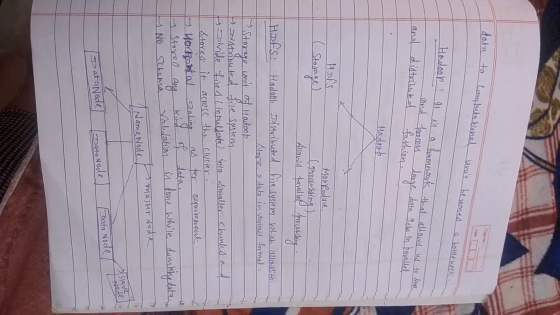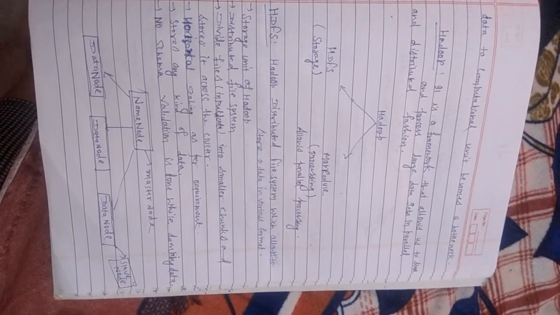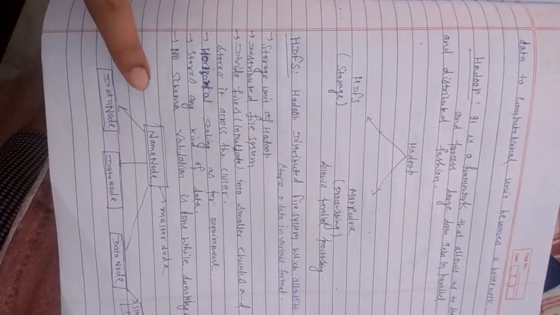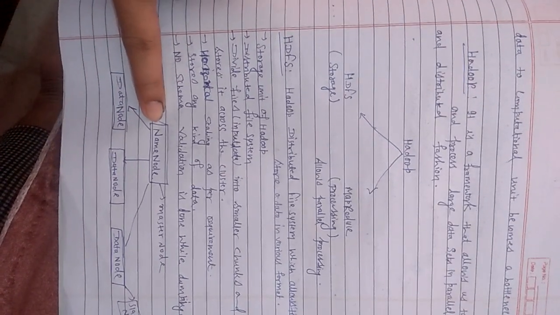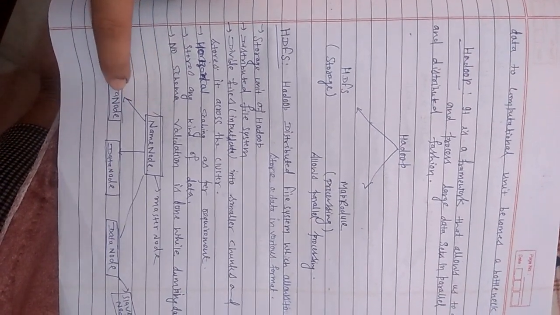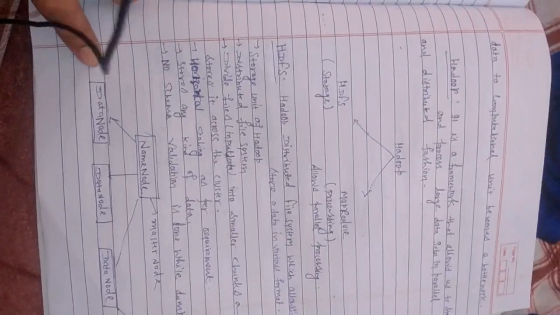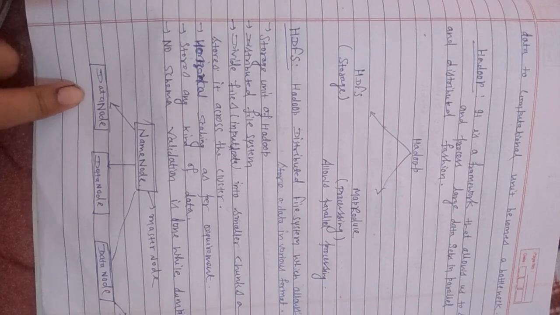Here is the diagram of HDFS, showing how it stores data in various formats. Here is a master node that is called the name node, and the other servers are some kind of commodity hardware.